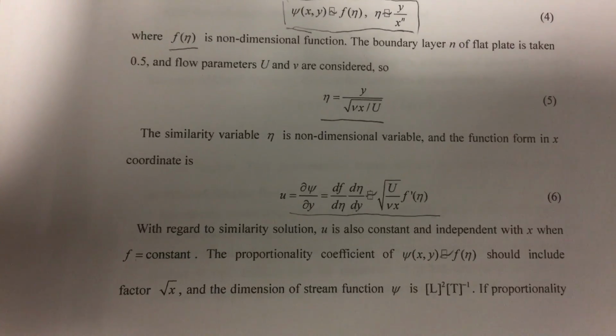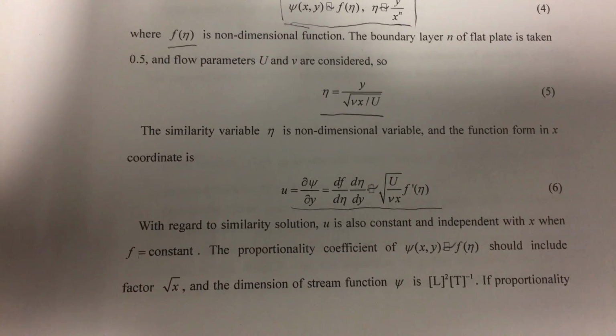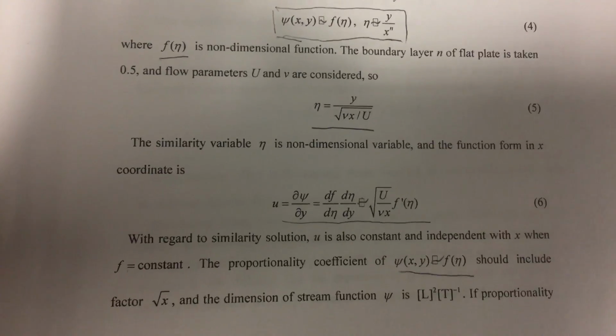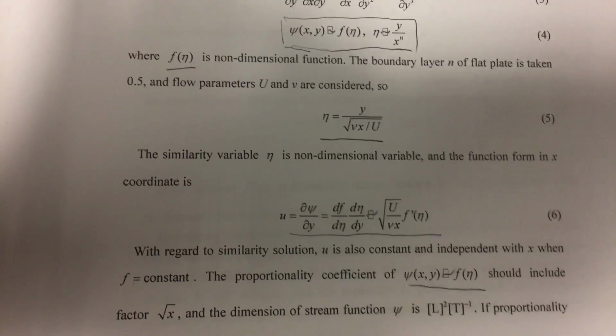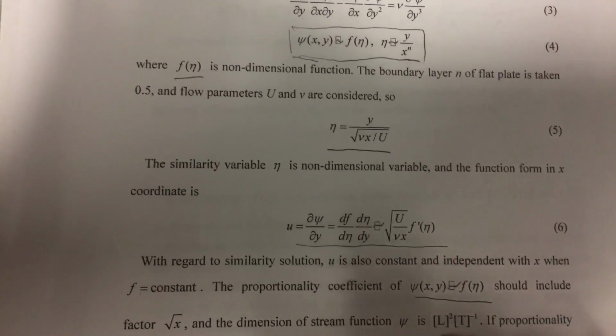So the proportionality coefficient of these expressions should include the factor, and the dimension of the stream function phi is this one.